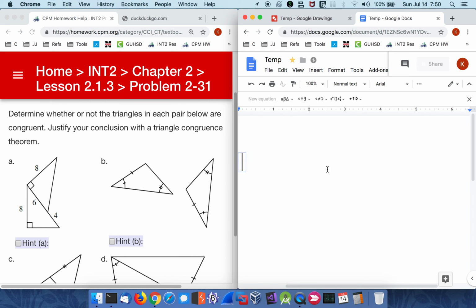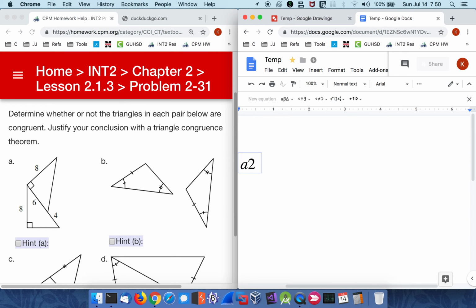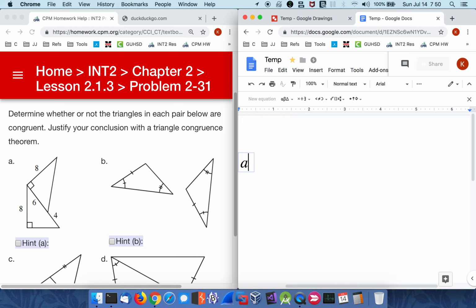All right, so let's go see if we can figure this out. So let's do a new equation. And we know that A squared plus B squared must equal C squared, right?